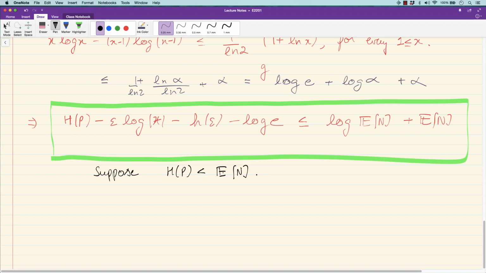You don't need to prove anything else. Then we have the desired bound.